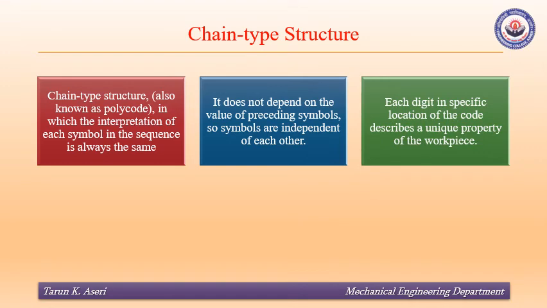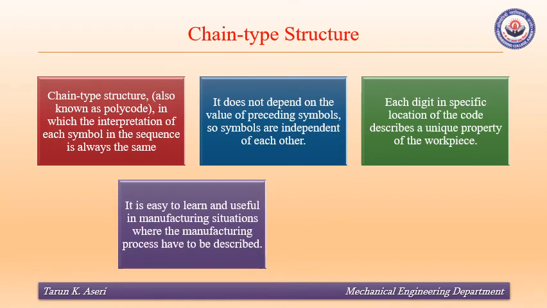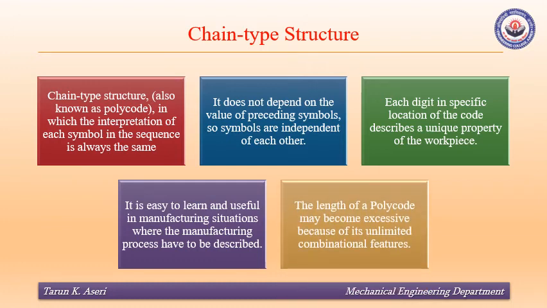Each digit in a specific location of the code describes unique properties of that workpiece. It is easy to learn and useful in manufacturing situations where the manufacturing process has to be described. The length of a polycode or chain type code may become excessive because of the unlimited combinations of features involved.